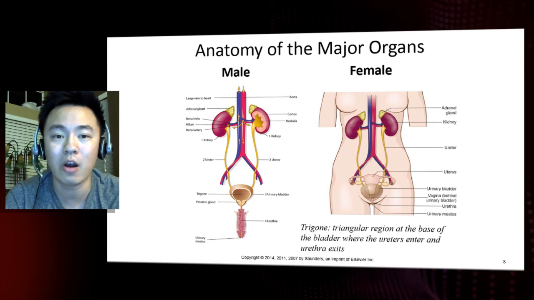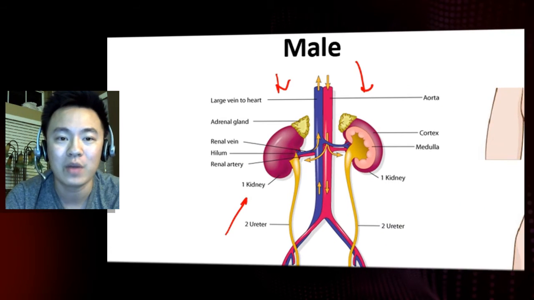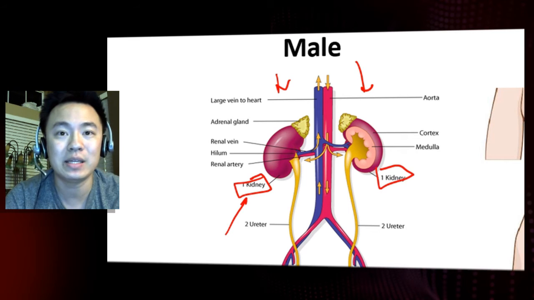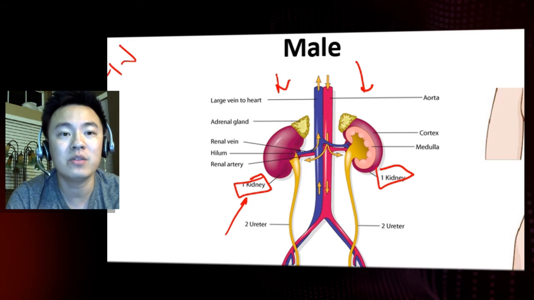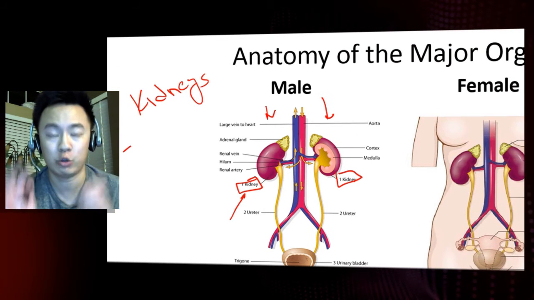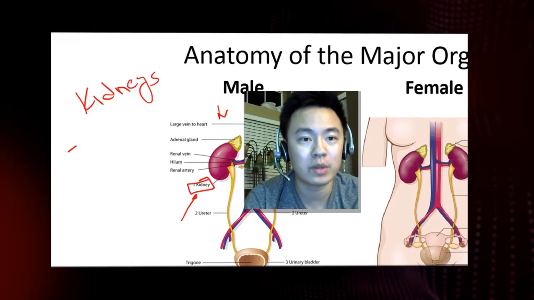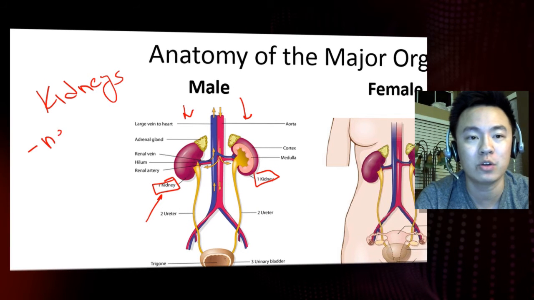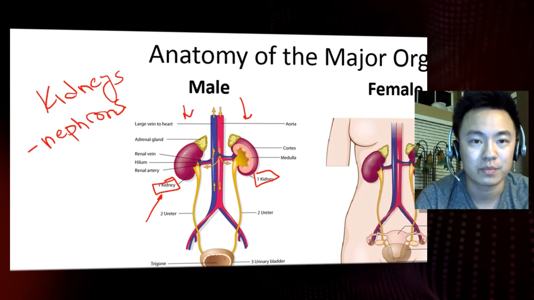You can see here on the patient's right side and the left side, we do have the common, well-known structure of the kidneys, and those kidneys contain these individual structures in there, which are the parenchyma, or the functional unit of the kidney. And we'll talk about these later, but just to give you the heads up, these are known as nephrons.